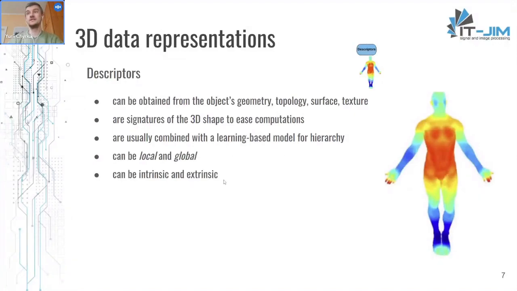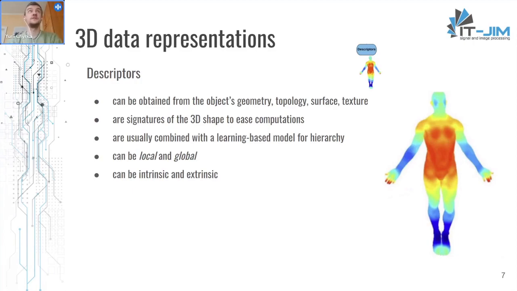Intrinsic descriptors contain only local information that is not connected to the context of this particular part of space. On the other hand, extrinsic ones suppose calculation of context information and spatial relationships to nearest regions. So in this way, we can simply divide them.